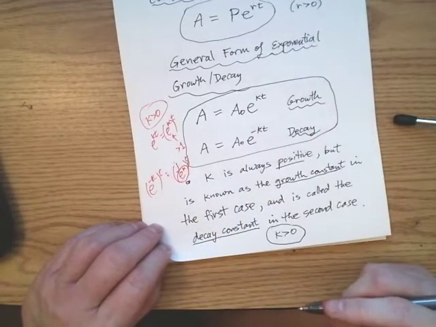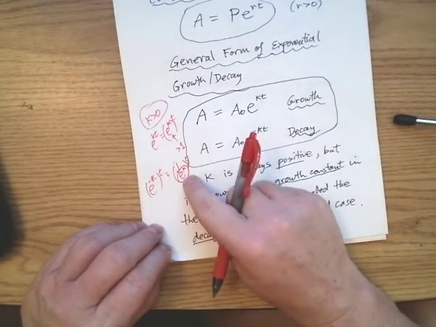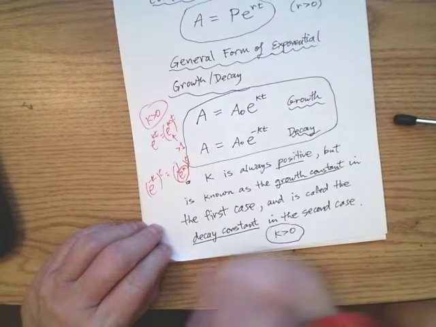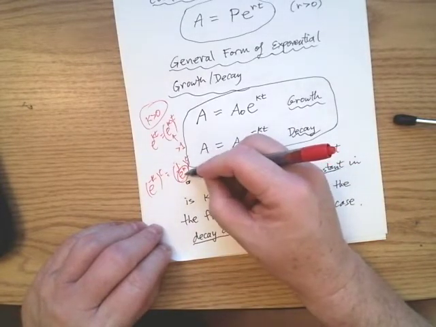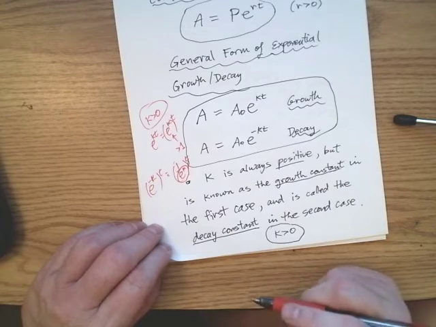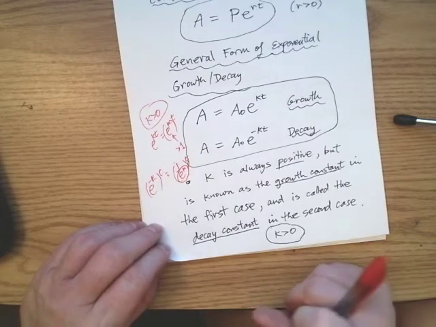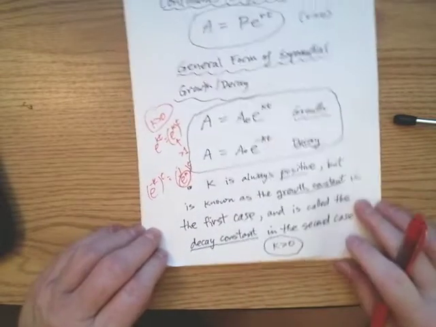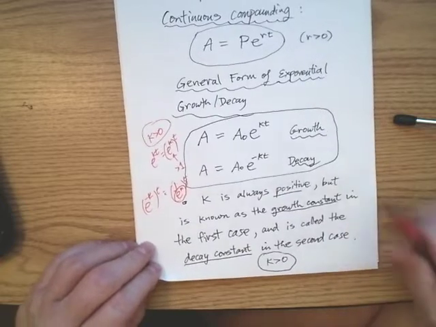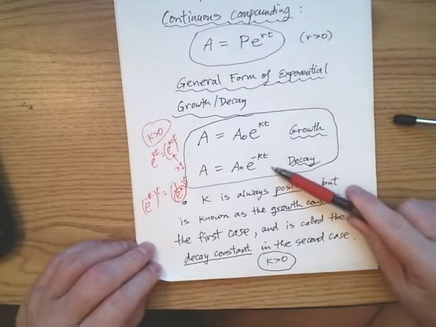I better have a positive value for a base, right? But that value would be between 0 and 1. If I've got 1 and I'm dividing it by a number which is greater than 1, I get a value which is less than 1, right? Still positive, though, for the bases themselves. Exponential growth, exponential decay.